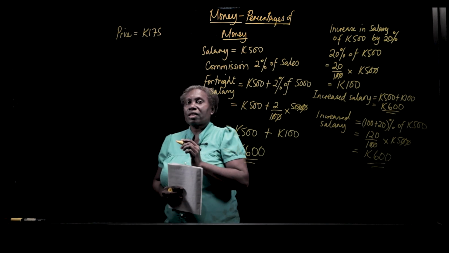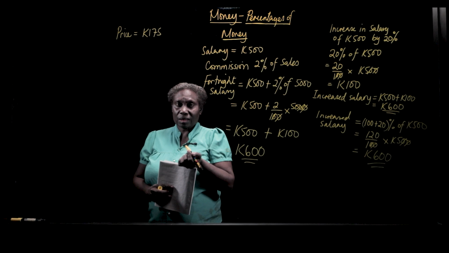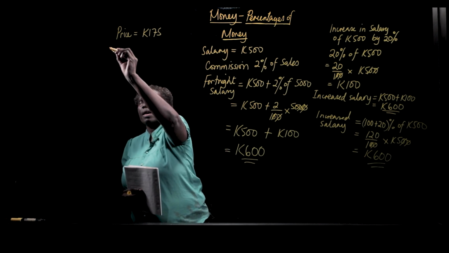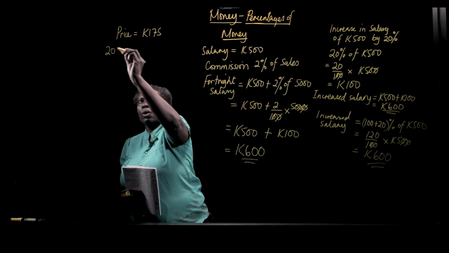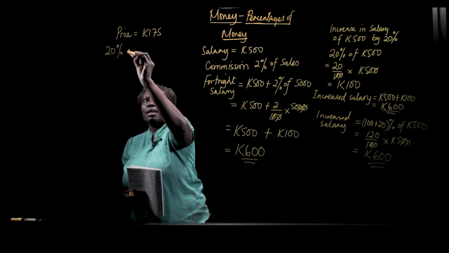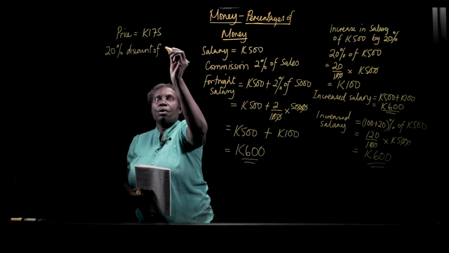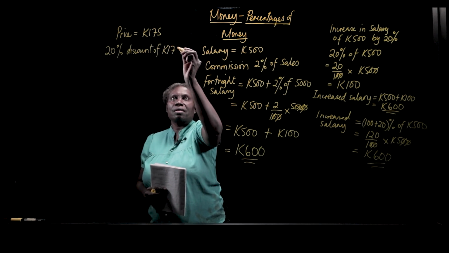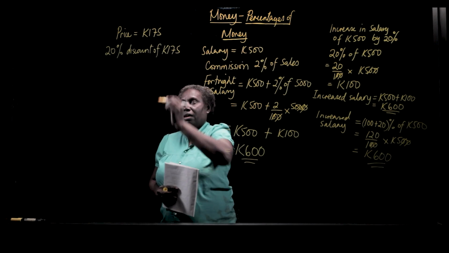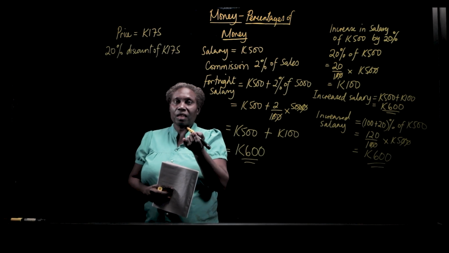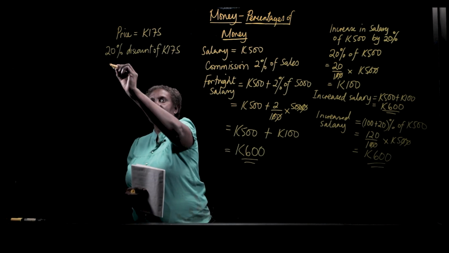This rice cooker is sold at a discount of 20%. So we have a 20% discount of 175 kina. The first thing we are going to do is find the 20% of 175 kina.